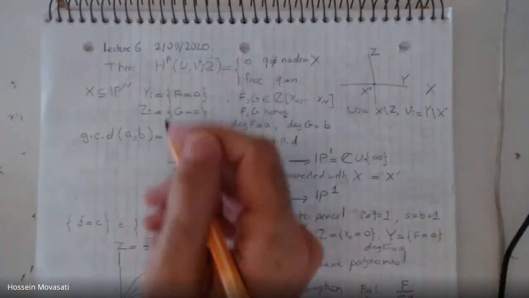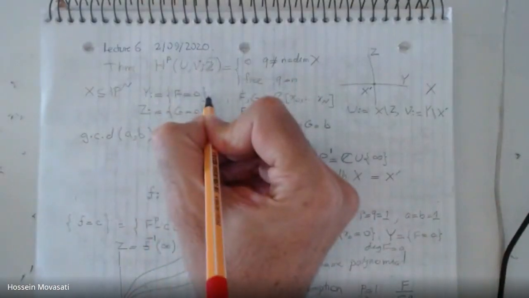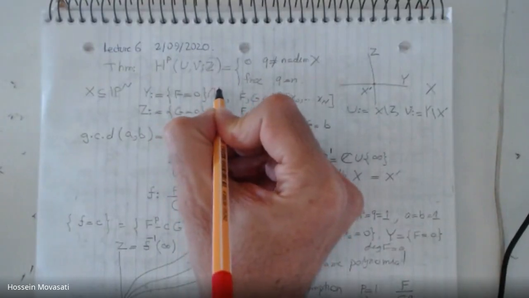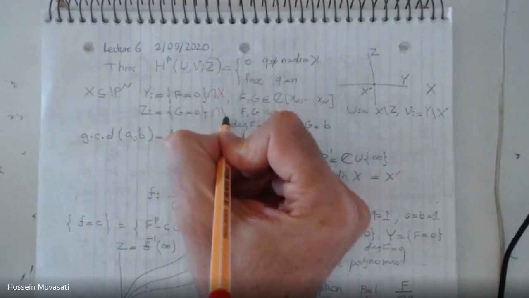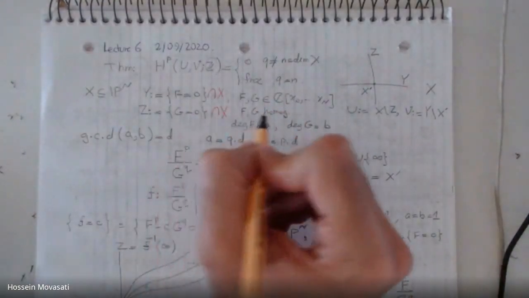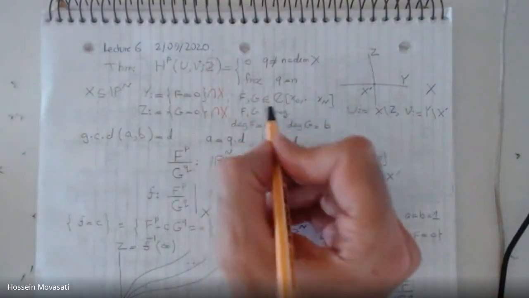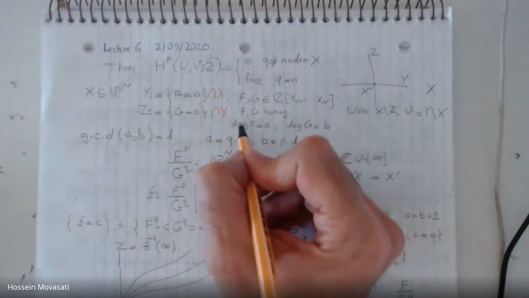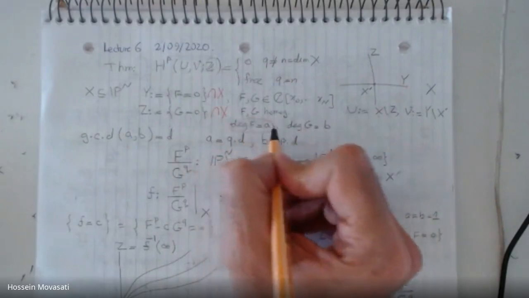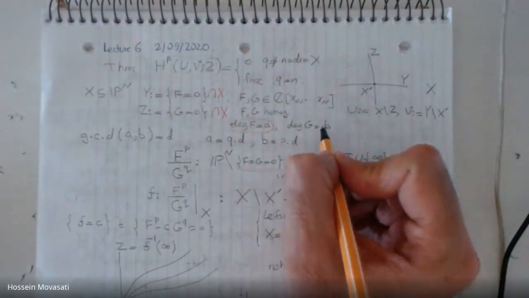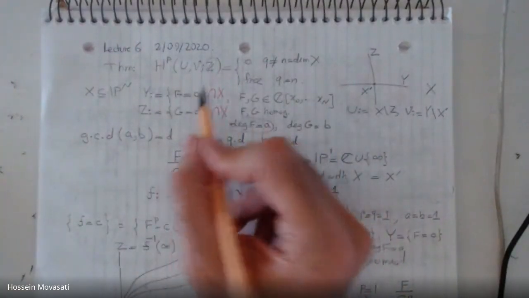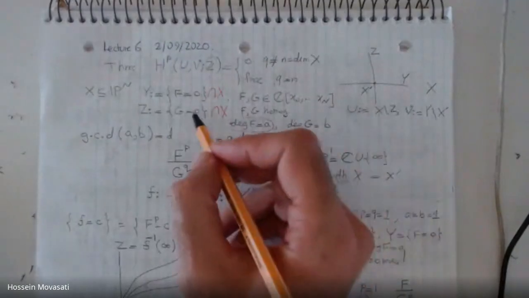Y will be the hypersurface f equal to 0 intersected with X, and Z will be the hypersurface g equal to 0 intersected with X. I will take polynomials of degree a and b. Degree f will be a, degree g will be b, and everything intersecting everything else transversely.